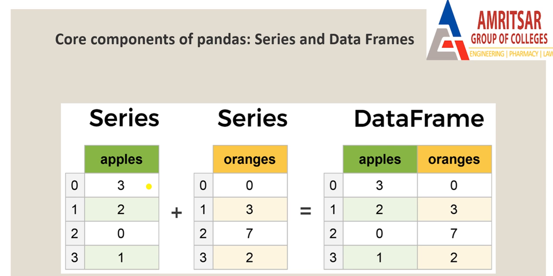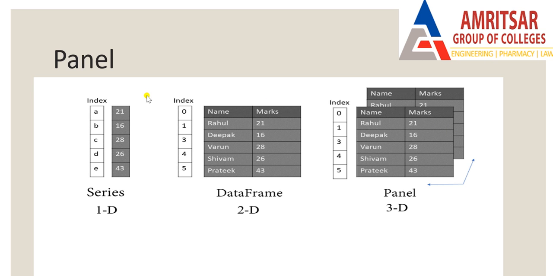Okay, now you can also see here this is one series. The data is of integer type only. This is another series. The data is also integer type and of the same type. But whenever there are a number of rows and columns, more than one dimension, then it becomes a data frame. Now next comes the panel.